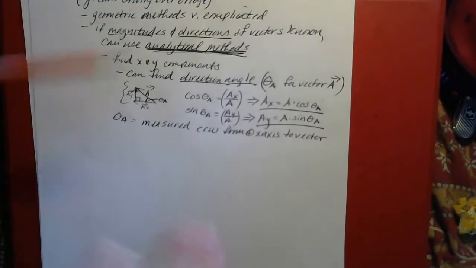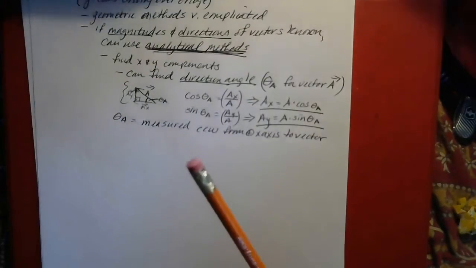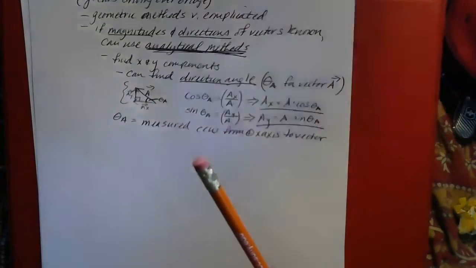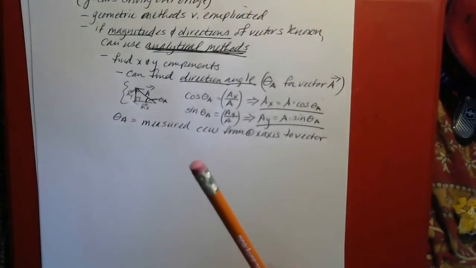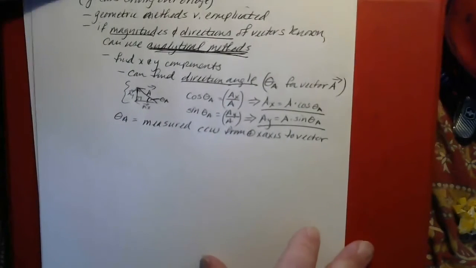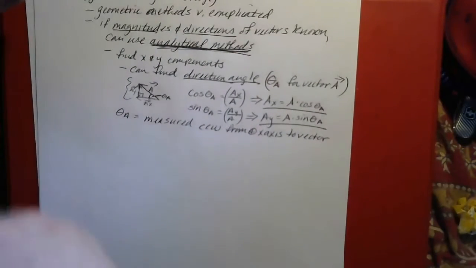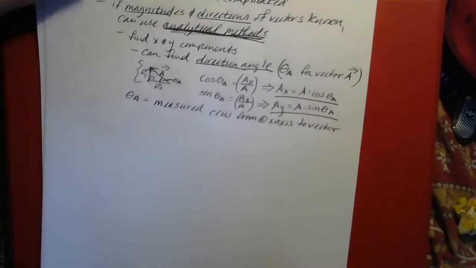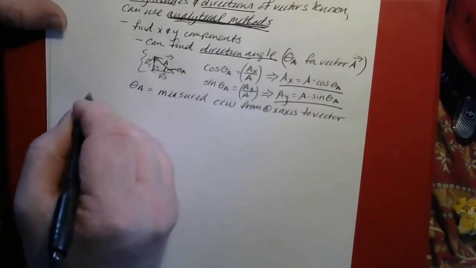Because the clockwise measurement would give us a negative angle. And actually, in most cases you could do it that way and use the negative value for the angle, and you would come up with the same answer anyway. But we tend to go with the conventional counterclockwise from the positive x-axis. Okay.